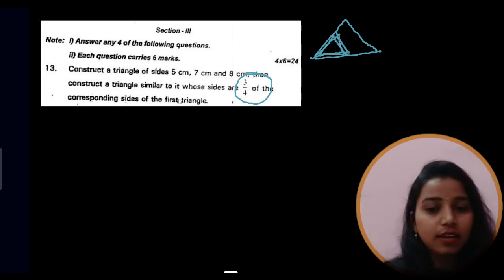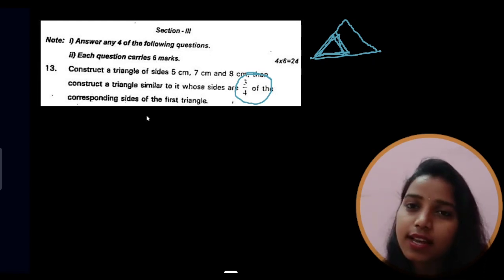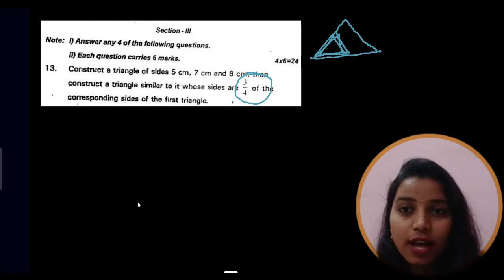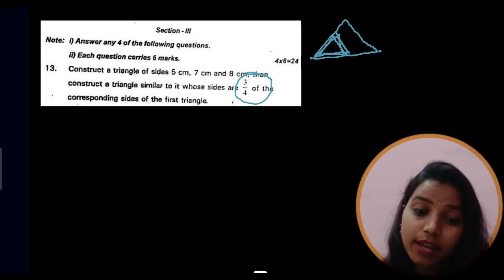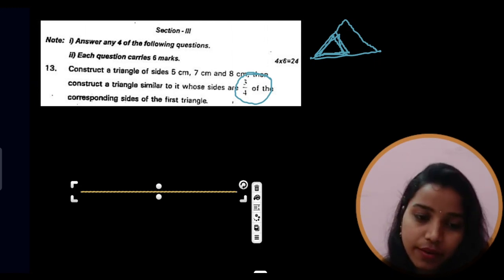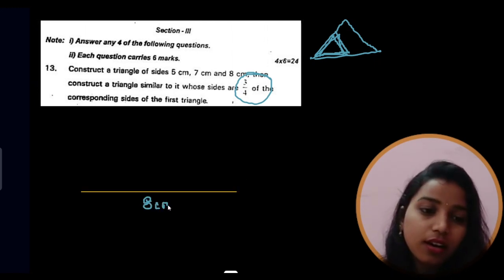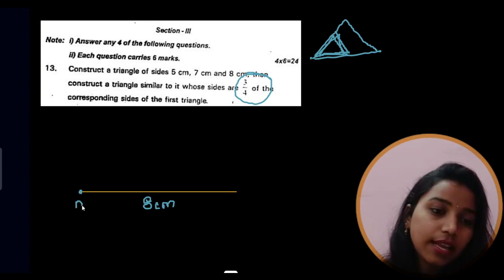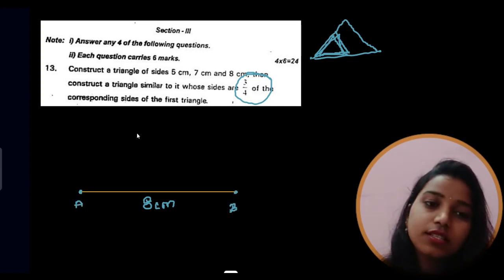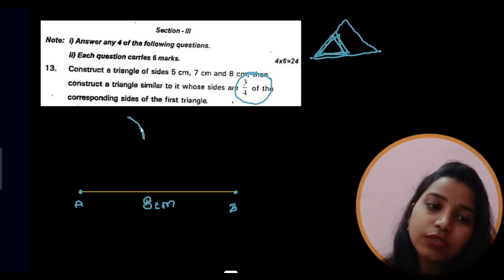So for that, we don't have many tools here, so I can just explain what you have to do. The procedure I can explain. First, you'll draw one line of the big side. Here how many sides have they given? 5, 6, 7, right? So first take the side of 8 centimeter, right? And then you can notice these points are A and B. Okay, and from this just draw an arc of 5 centimeters, and also 7 centimeters from this.